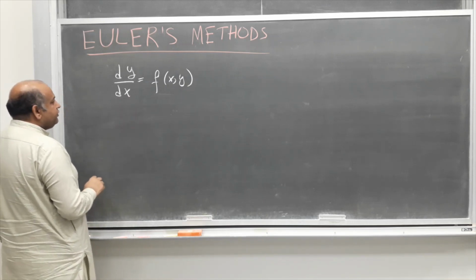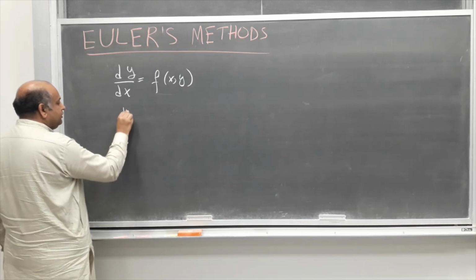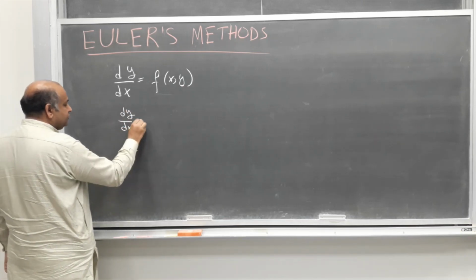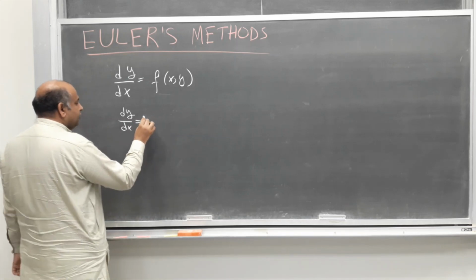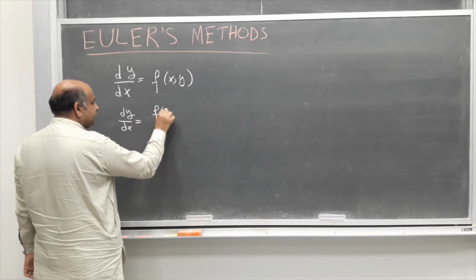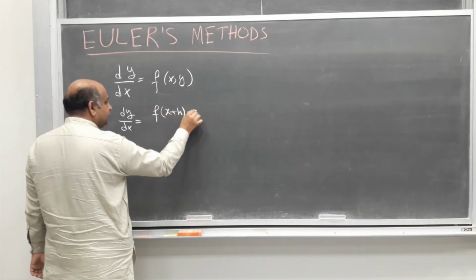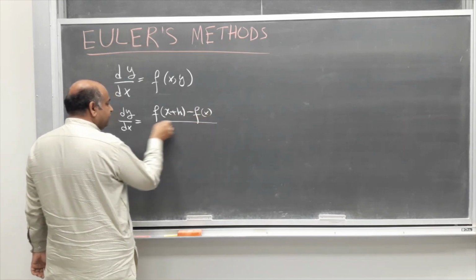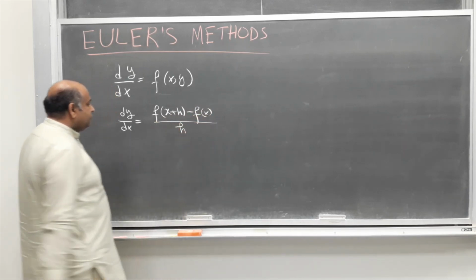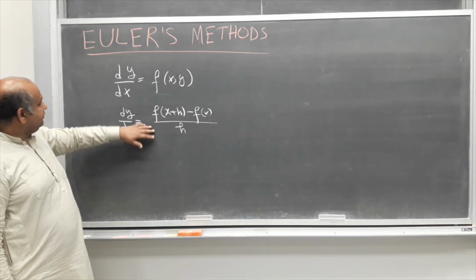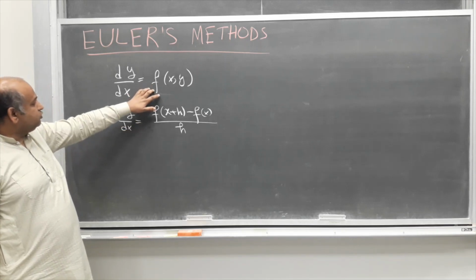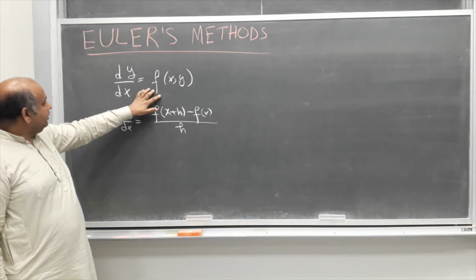Using forward difference for the definition of the derivative, we can write f of x plus h minus f of x over h. Using this, we can set up the solution of this differential equation.